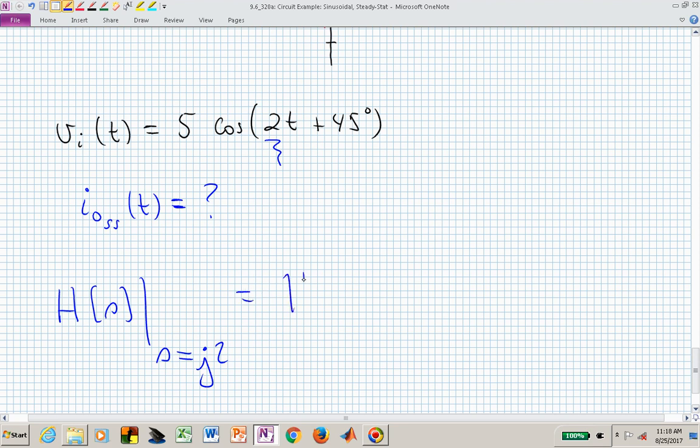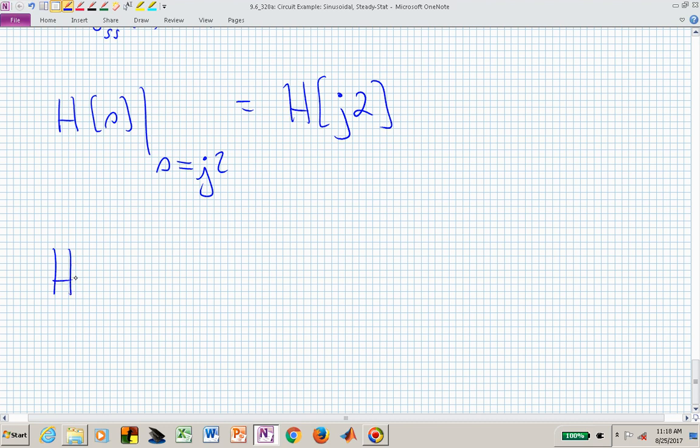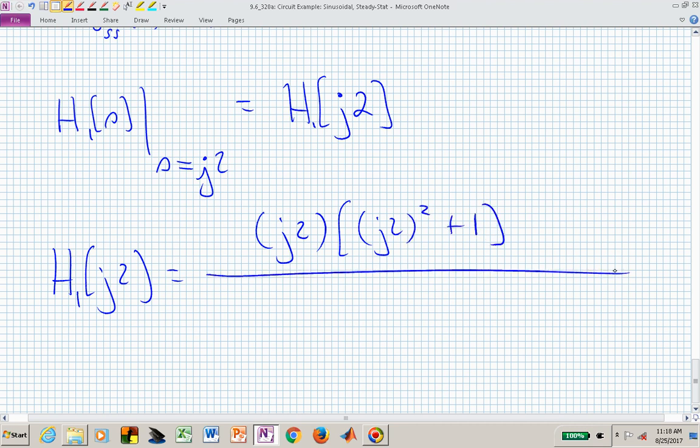Or we can now say we want to find H(j2). For this particular case, this is H sub 1, so H sub 1 of j2 is now j2, there's the s in the numerator, then we had an s squared, so we have (j2) squared plus 1.